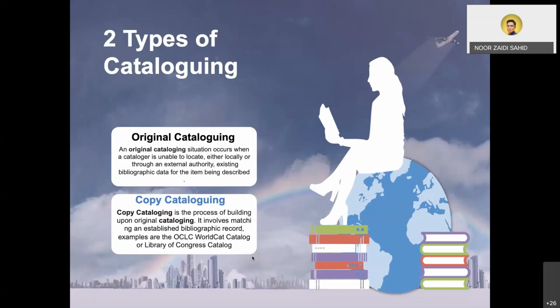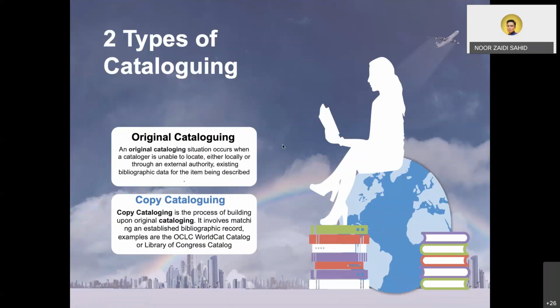Okay, there are two types of cataloging. Original cataloging, and the other one is copy cataloging. Original cataloging situation occurs when a cataloger is unable to locate, either locally or through an external authority, existing bibliographic data for the item being described.